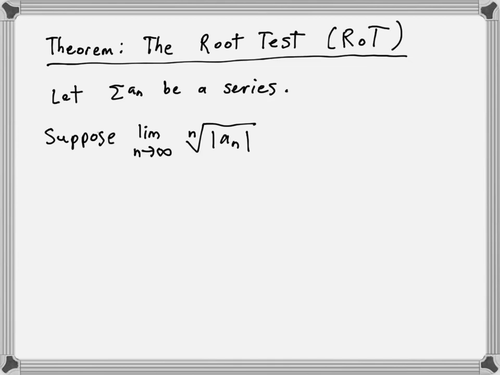So I want us to suppose that this limit is L. The good news for this test is that it has the exact same conditions as the ratio test. Okay, so first, if L is less than 1, then the series a_n converges absolutely.